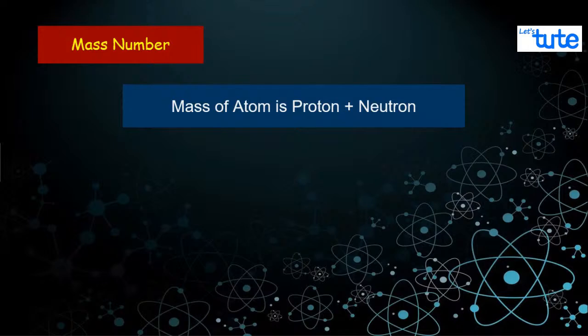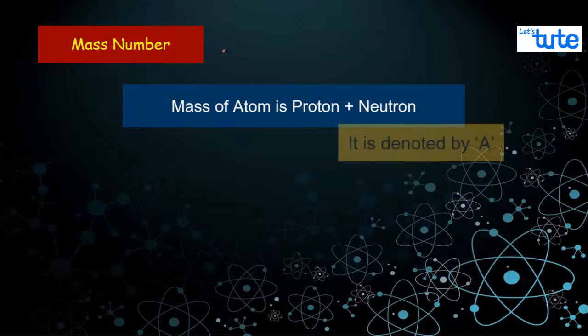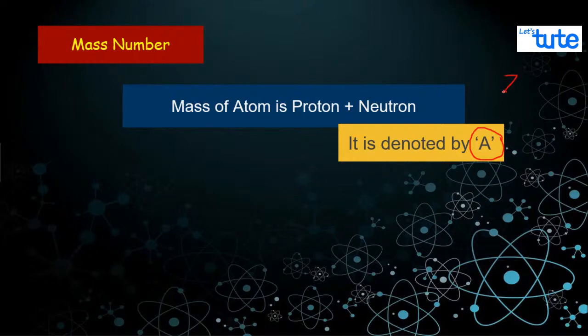Mass number is nothing but atomic mass, and it is denoted by capital A. The atomic number was represented by Z, and this is represented by capital A.